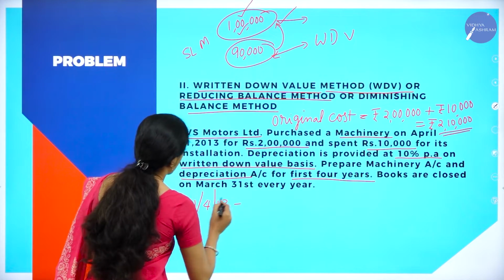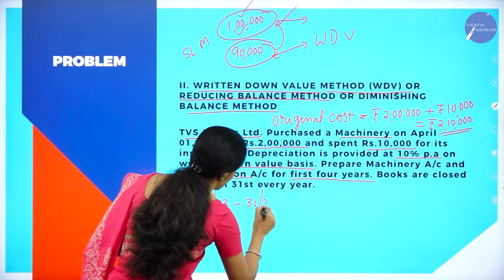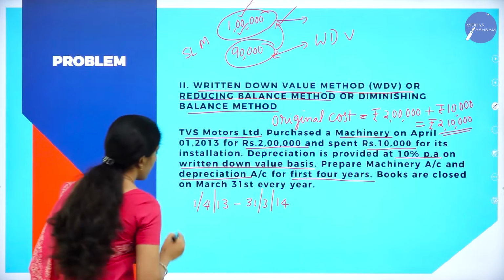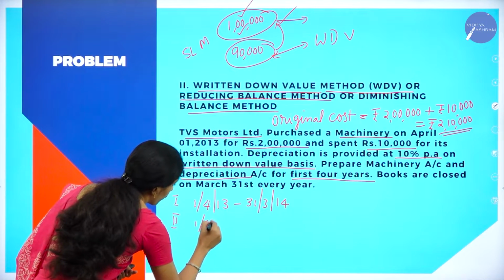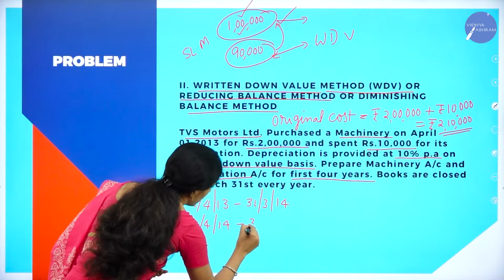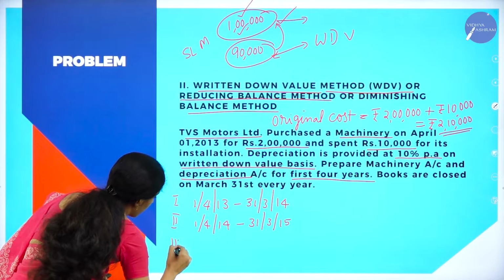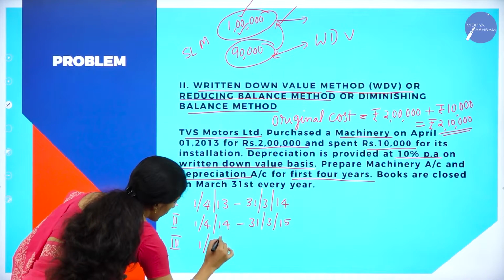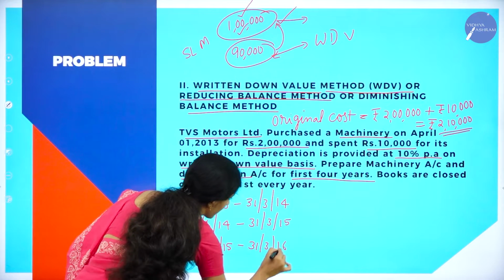We have purchased a machine on 1/4/2013, so the year ending will be 31st March 2014. So this is the first year. Now second year, 1/4/2014 to 31st March 2015. Now coming to the third year, 1/4/2015 to 31st March 2016.